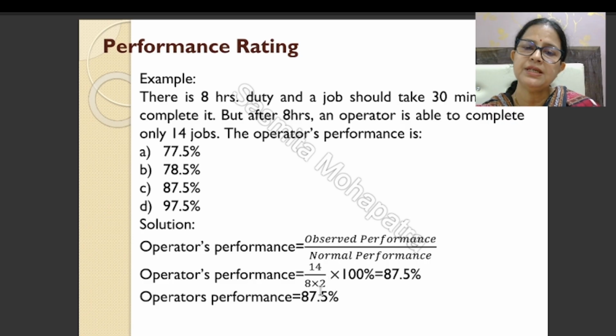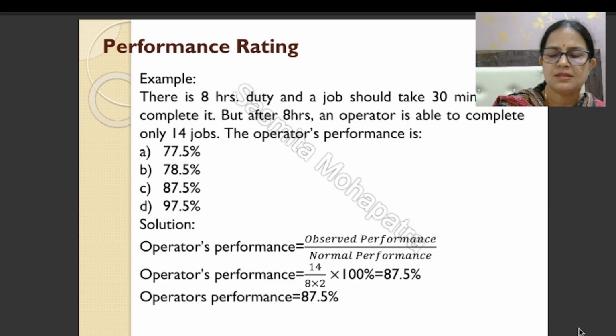So 14 divided by 8 into 2, into 100 percent, because we are calculating the efficiency of the worker. Performance rating is always in percentage. So 14 divided by 8 into 2, into 100, is 87.5%. So the efficiency of the operator, or the operator's performance, is equal to 87.5%.